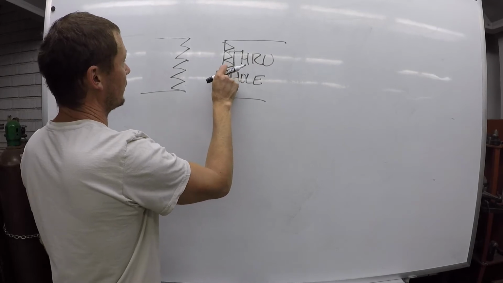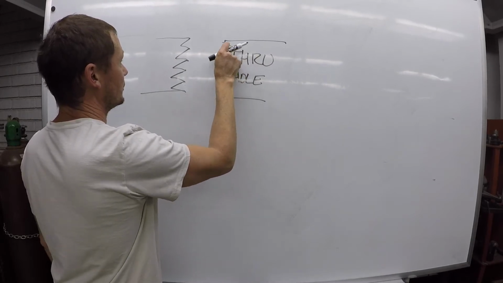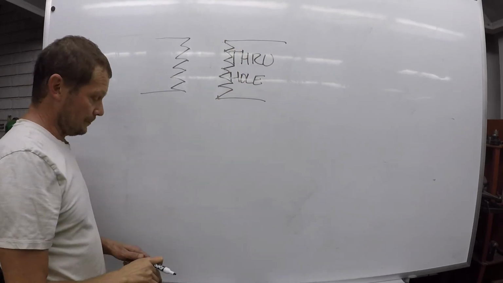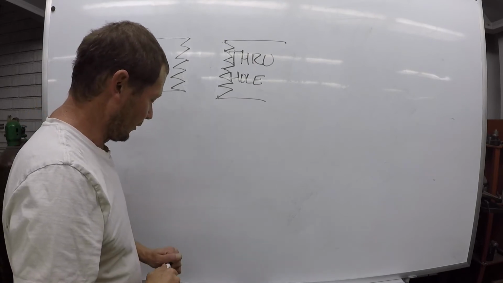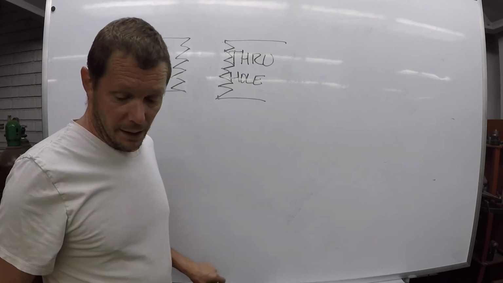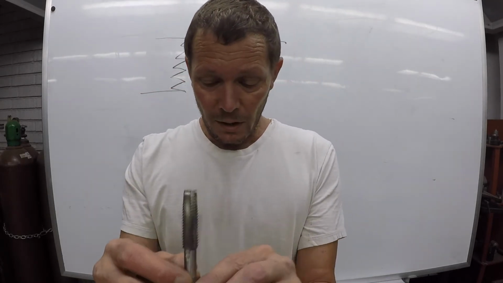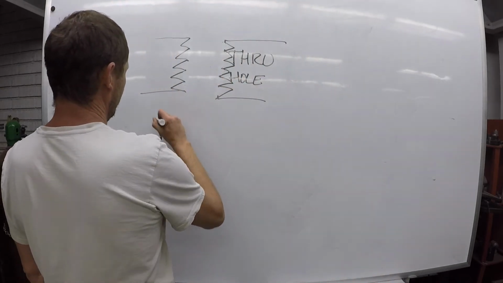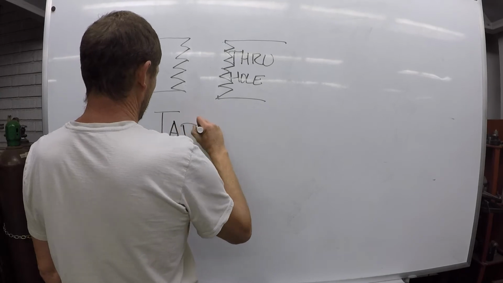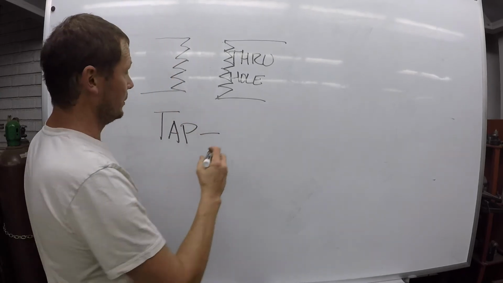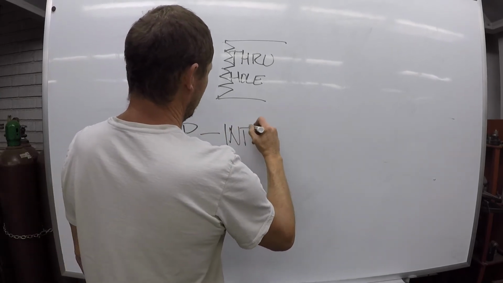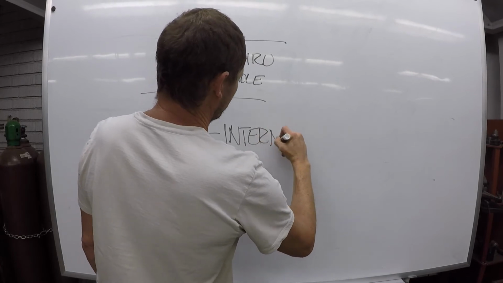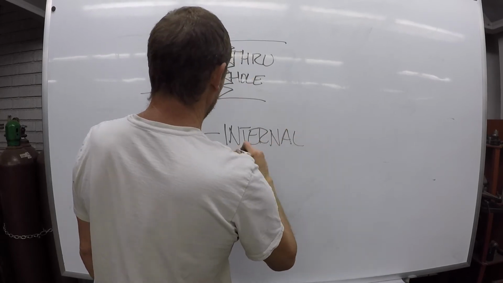How do we make threads? We use a tool specifically for thread cutting, and it is called a tap. Okay? So a tap is what's used to make internal threads.